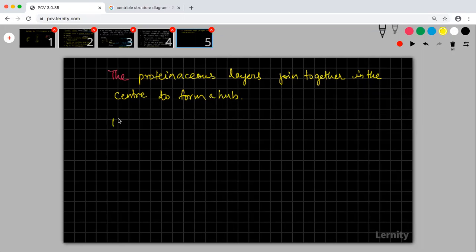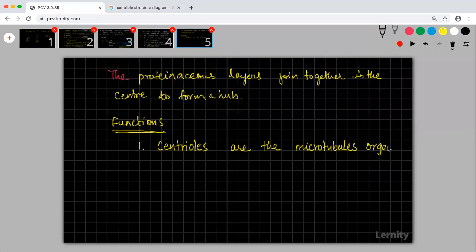Okay, so now coming to the functions. Centrioles are the microtubule organizing structures or centers during cell division.